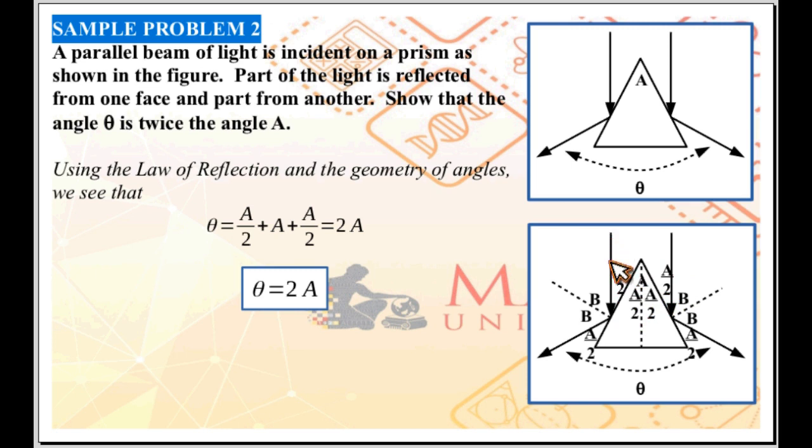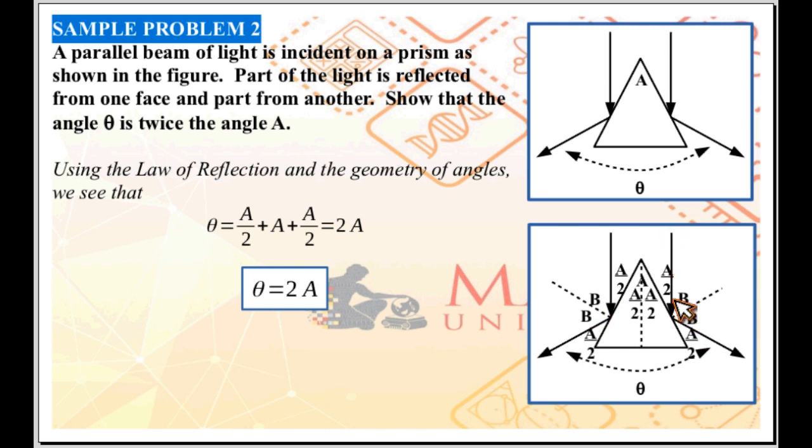The law of reflection tells us the incident angle and the angle of reflection are the same. So you have angle B, and you also have angle B on this side, and the same on the other beam of light.